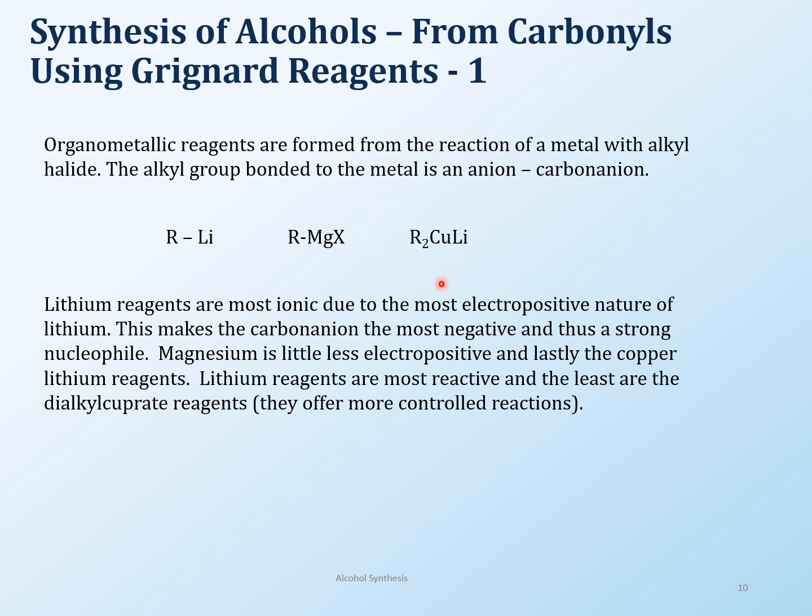They don't even behave like organometallics like this. So that's why they're studied. Very unusual kinds of reactions, and we will study them when we do that. As far as synthesizing alcohols, you can use either the lithium reagents or Grignard. Right now I want to focus more on Grignard.